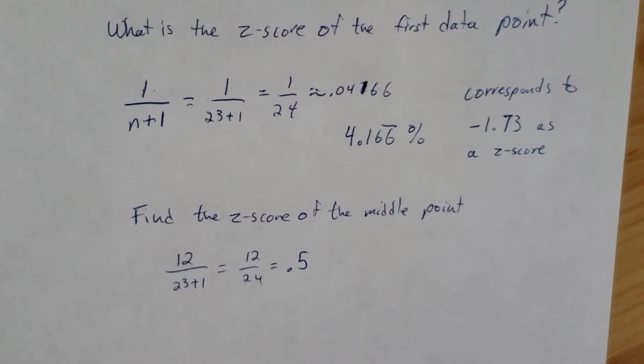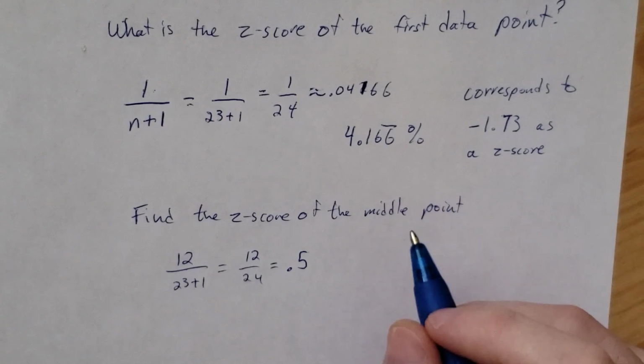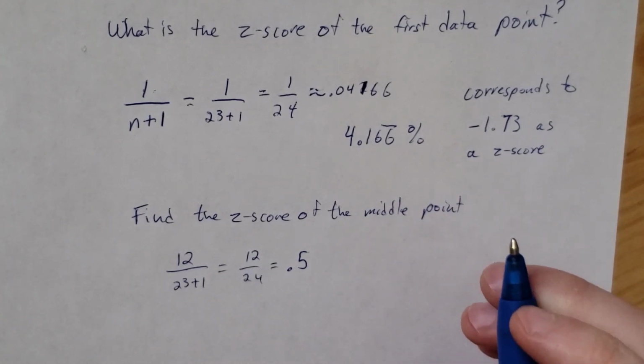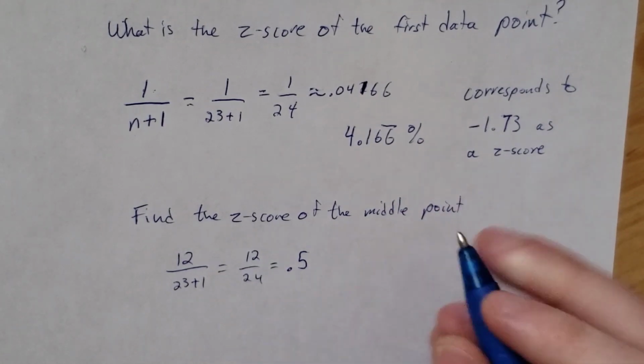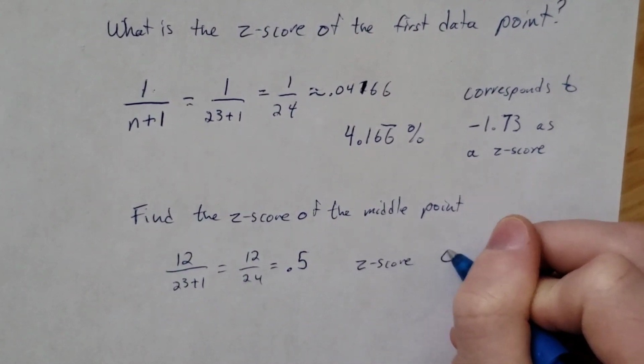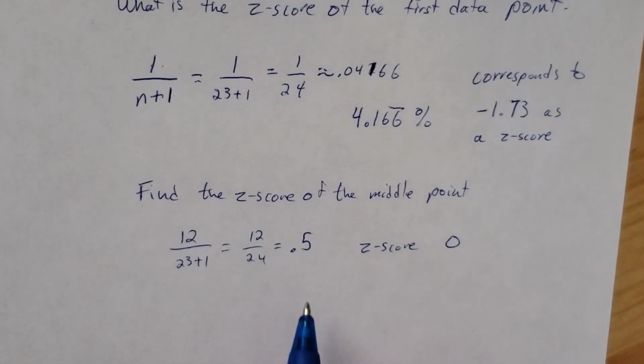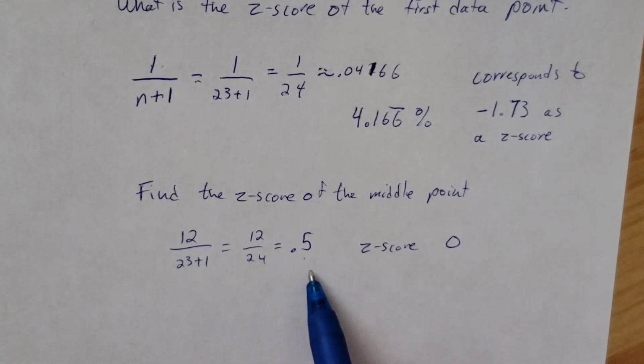Well, for a normal distribution, the median is right in the middle, right? And the median is always right in the middle of the data points, but it's also the mean for a normal distribution. So that corresponding z-score is 0, for 50% of the data, which is what 0.5 here represents.